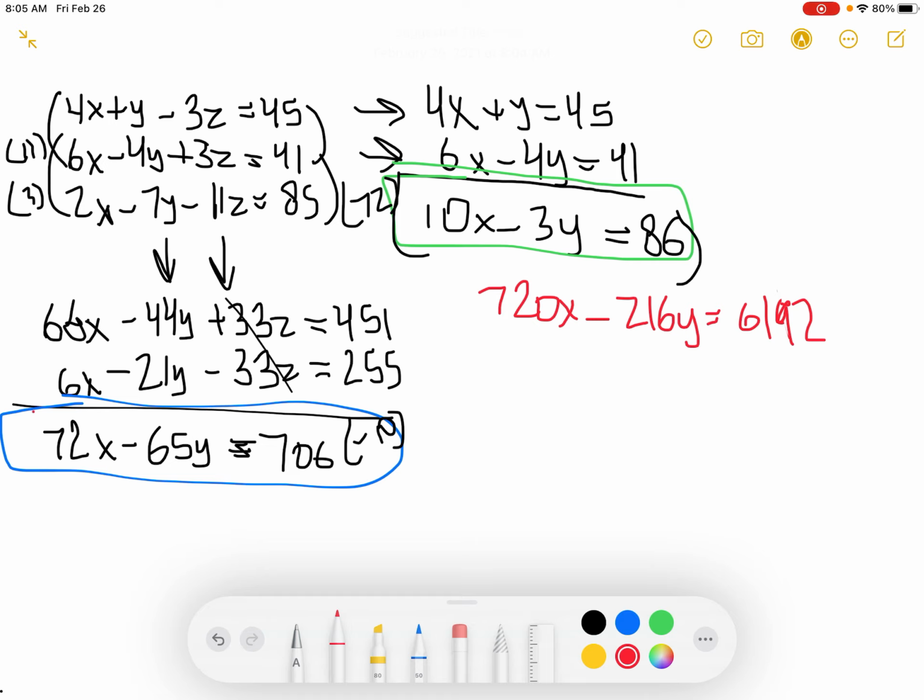Okay, so now we do this one. 72 times negative 10 is negative 720x. And then we have plus 650y equals 7,060. Now, you might think this is dumb, but sometimes it's easy to mess up numbers.